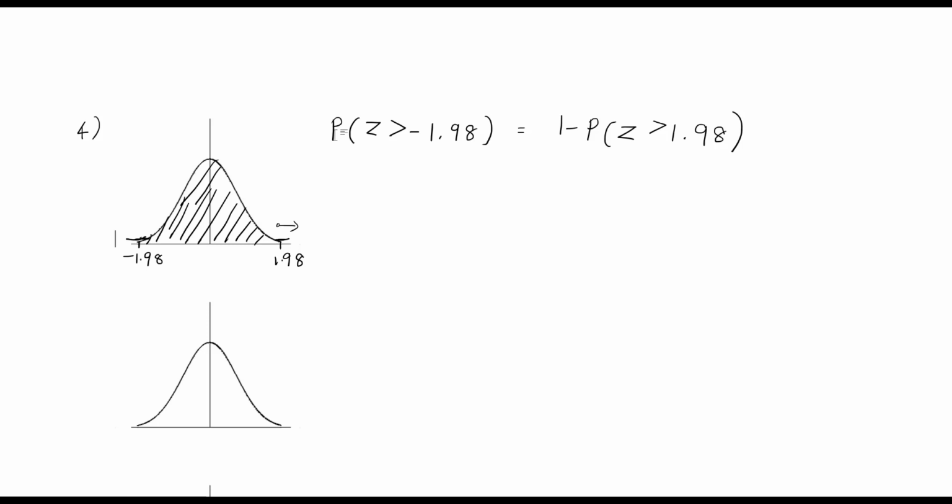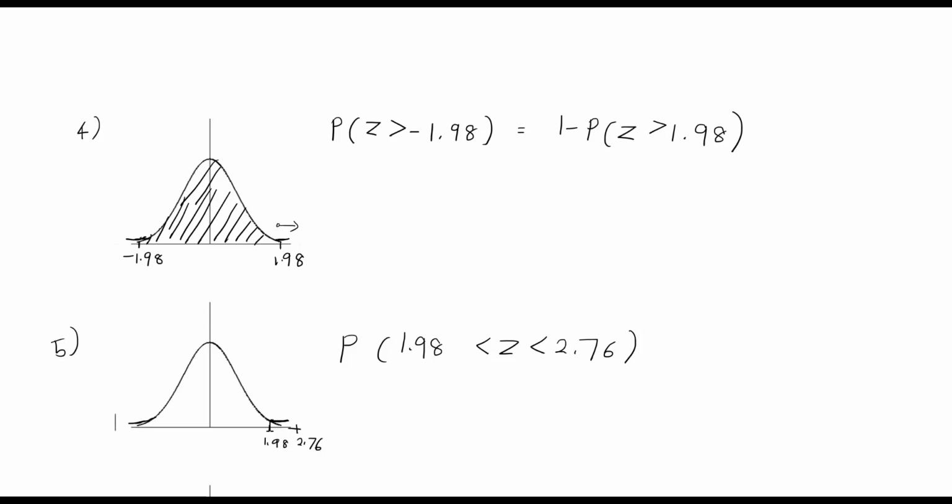Now what if the question asks you to find the probability between 1.98 and 2.76? Let's say we have 1.98 here, and somewhere here is 2.76.